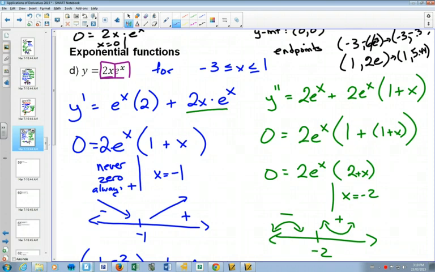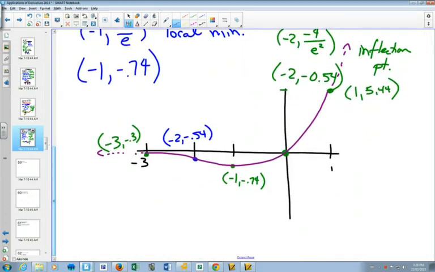And it makes sense that it's going to get close to 0 from the negative side, because as we go to negative infinity, the 2x part will be a negative number, and the e to the x part will always be a positive number. So that's a little bit about what would happen, but I set it up so that we only had to graph it from -3 to 1.